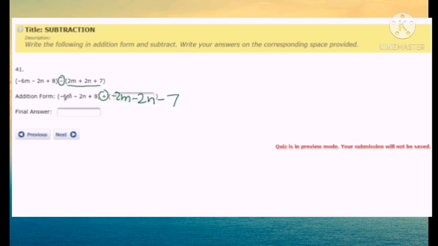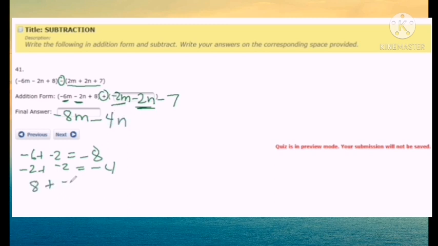And then I'm going to add. Negative 6m and negative 2m are similar. So negative 6 plus negative 2 is negative 8. So I will have negative 8m. Negative 2n and negative 2n are also similar. So negative 2 plus negative 2 is equal to negative 4. So minus 4n. And then 8 plus negative 7 is equal to 1. So plus 1.